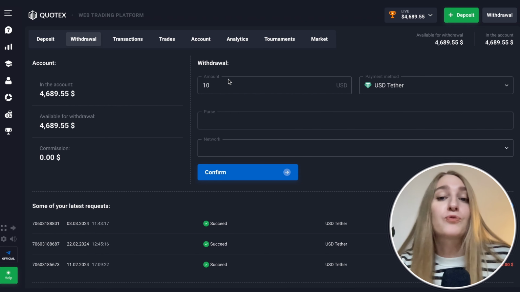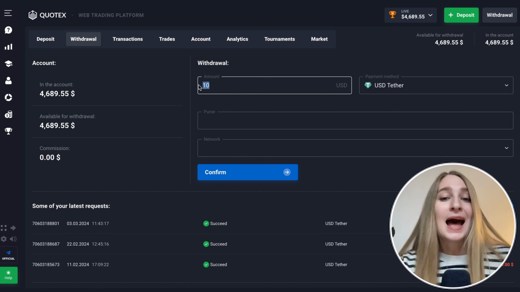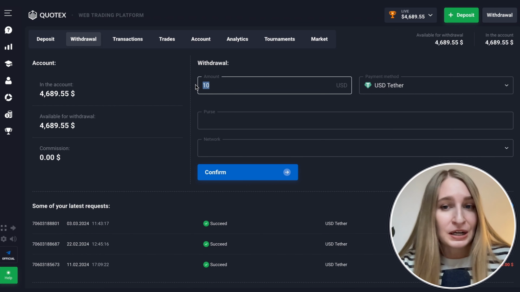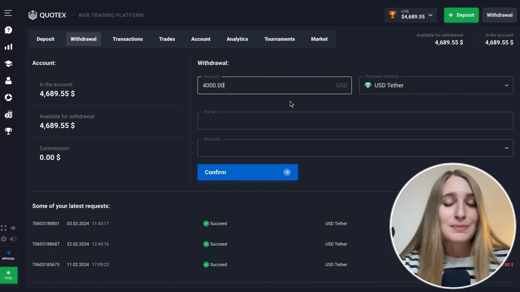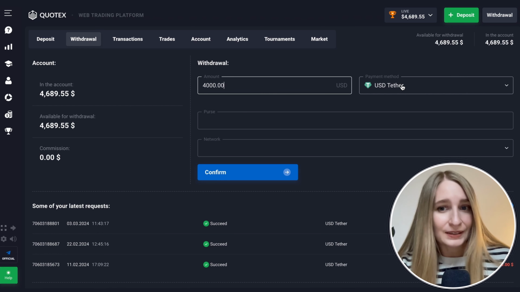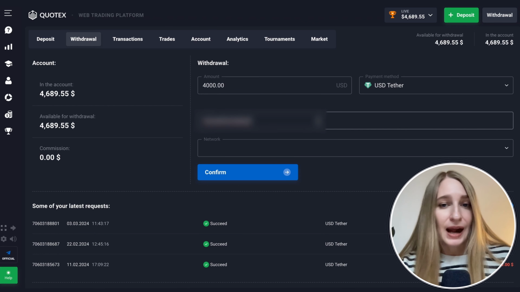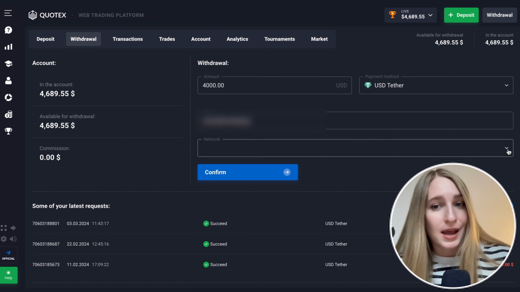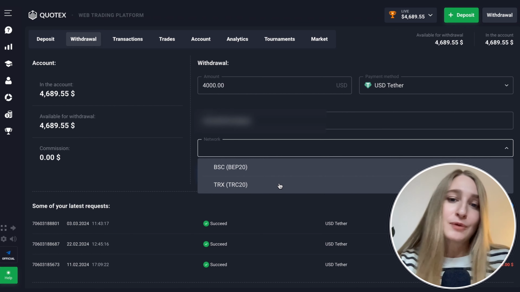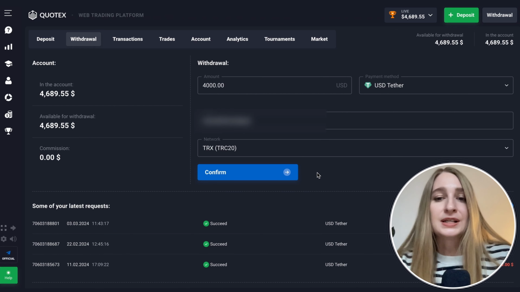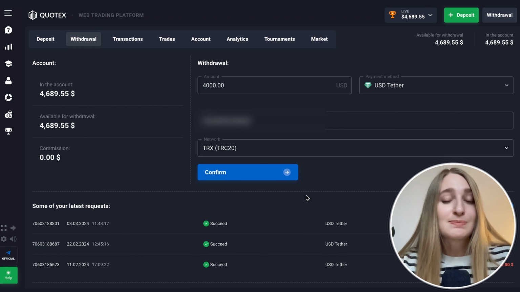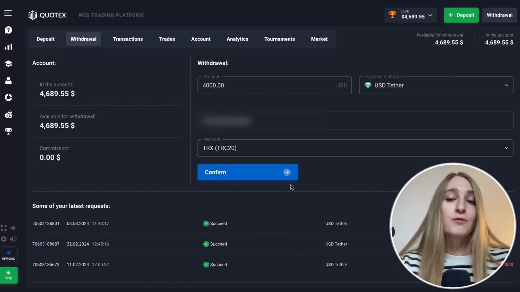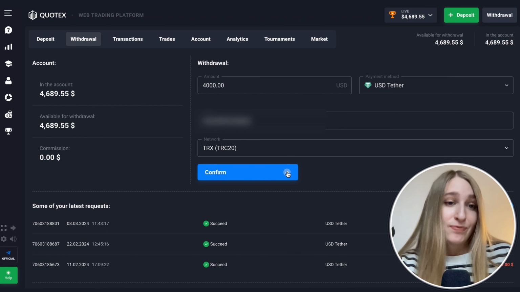First, I tap on my amount here and enter $4,000, and then for the payment method I use USD Tether. Here I enter the number of my wallet, and for the network I'm going to use TRX or TRC20. Everything here is made well, so I click the confirm button, and that's it.